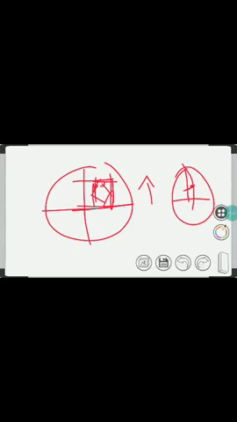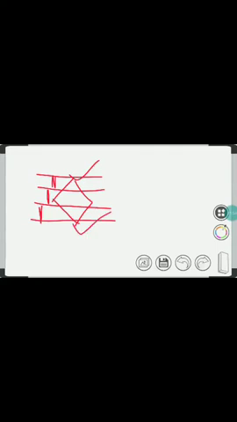Why? Because all the latitudes are parallel, at a fixed distance, while the longitudes are not. So all the latitudes are equidistant, and India is lying like this. So this distance is equal to this distance, equal to this distance. So 30 degrees will constitute 30 times the distance of 1 degree of latitude.